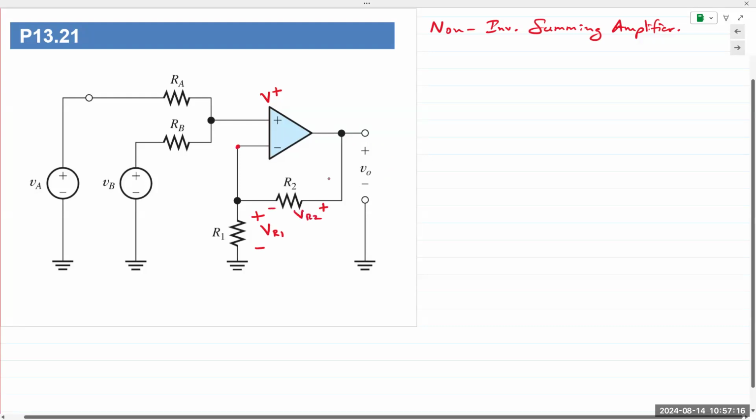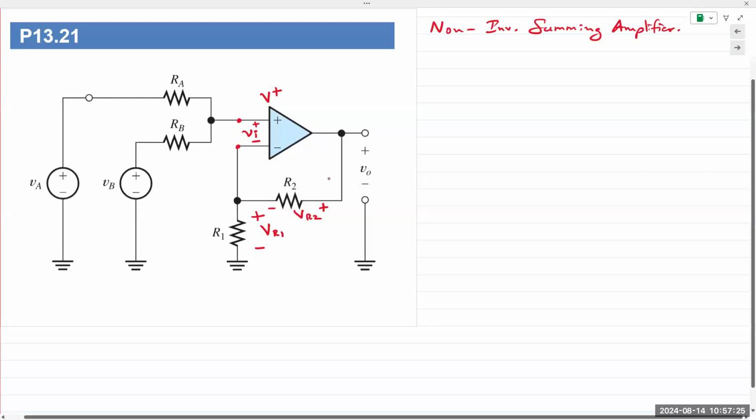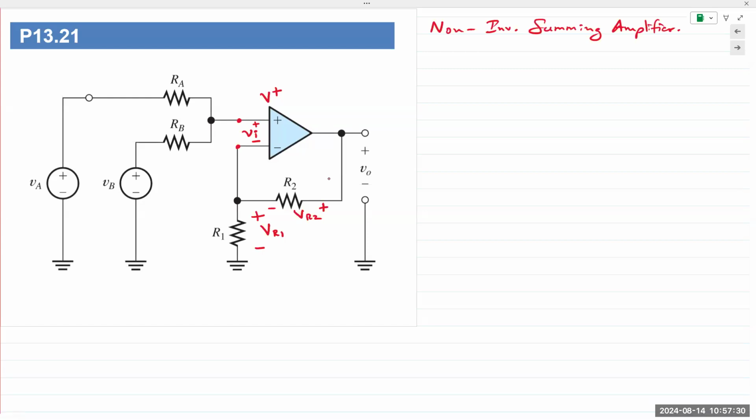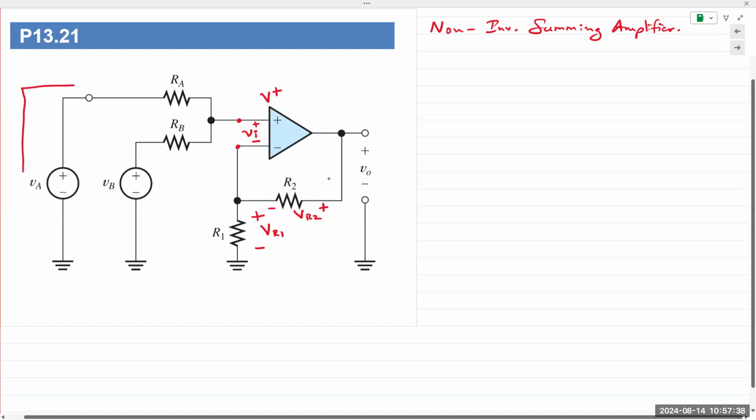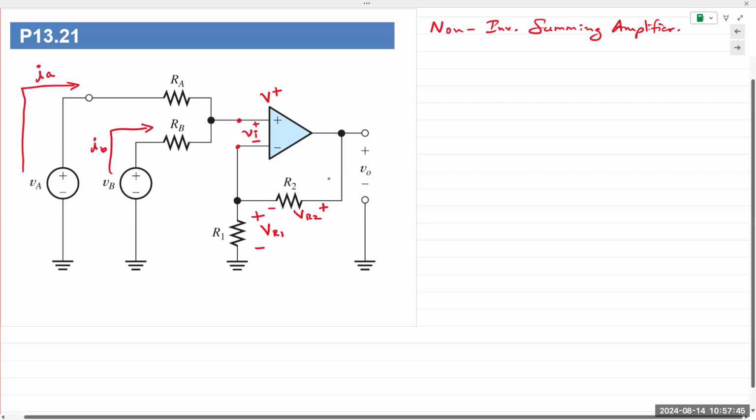The voltage between the inverting and non-inverting terminals, let's say VI, is measured between the inverting and non-inverting terminal. If I apply KCL at the input terminal, let's assume IA going in like this and IB going in through RB.